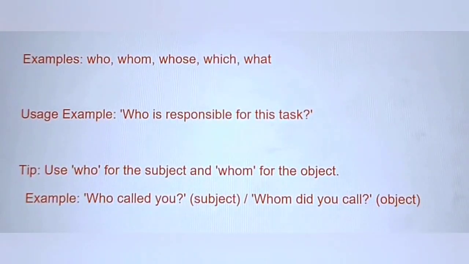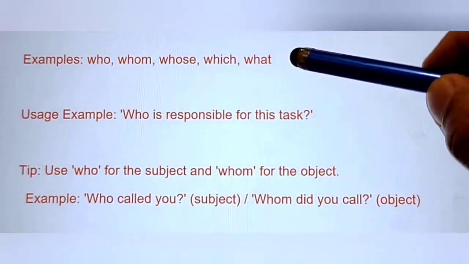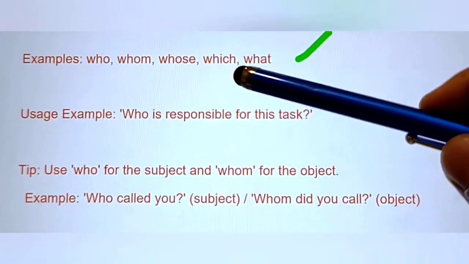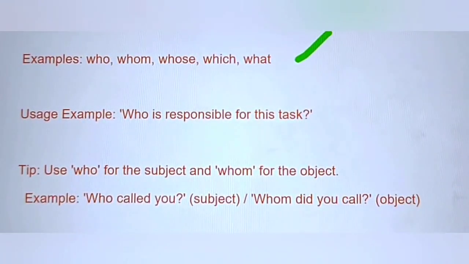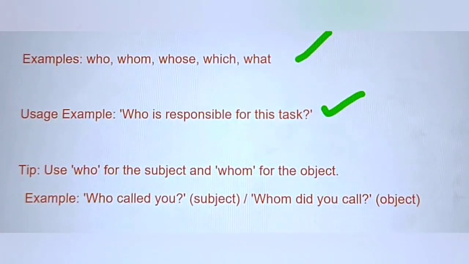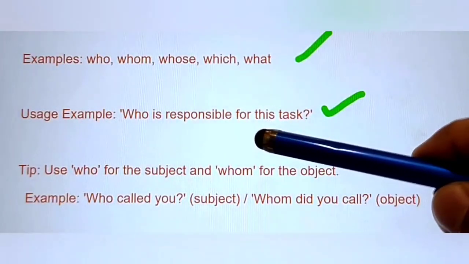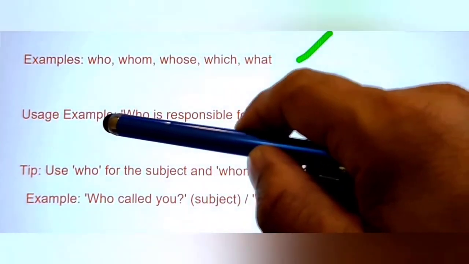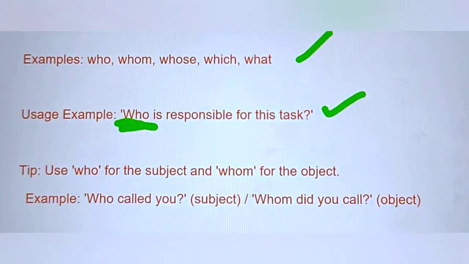Examples of interrogative pronouns here: who, whom, whose, which, what. These are examples of interrogative pronouns. Let's see a sentence here: who is responsible for this task? So this describes interrogative pronouns.